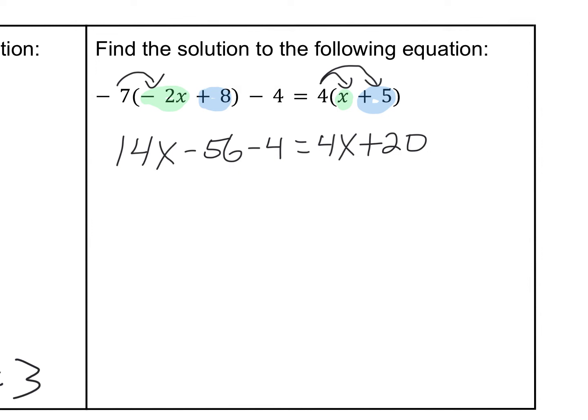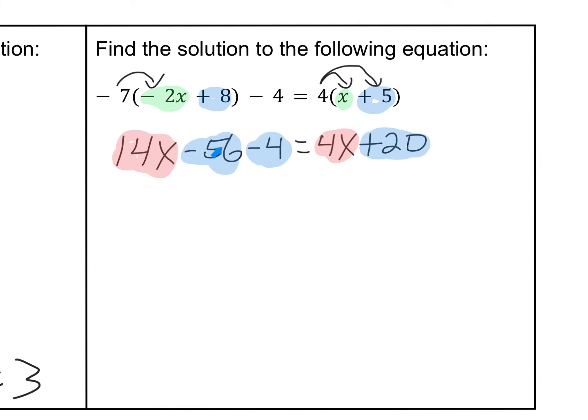So we have 14x is a variable, and then that's all we have on the left, and then we have a 4x on the right side. Now let me highlight my constants. We have a negative 56 and a negative 4. Those go together. And we have a plus 20. So let me go ahead and combine these first. A negative 56 and a minus 4.